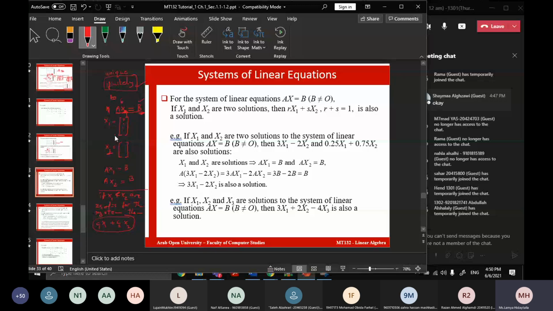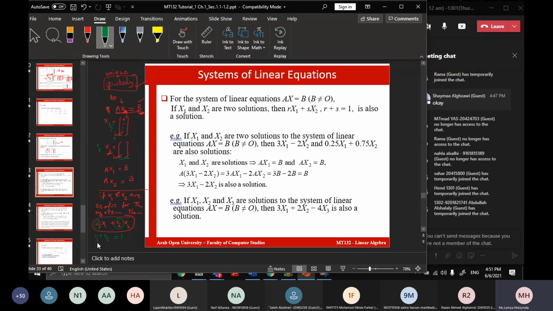That is, multiply this solution by a number C1 and the other by another number C2 and add them up, and you will get another solution in a certain case, not for every C1 and C2, but under a condition: C1 plus C2 should equal 1.